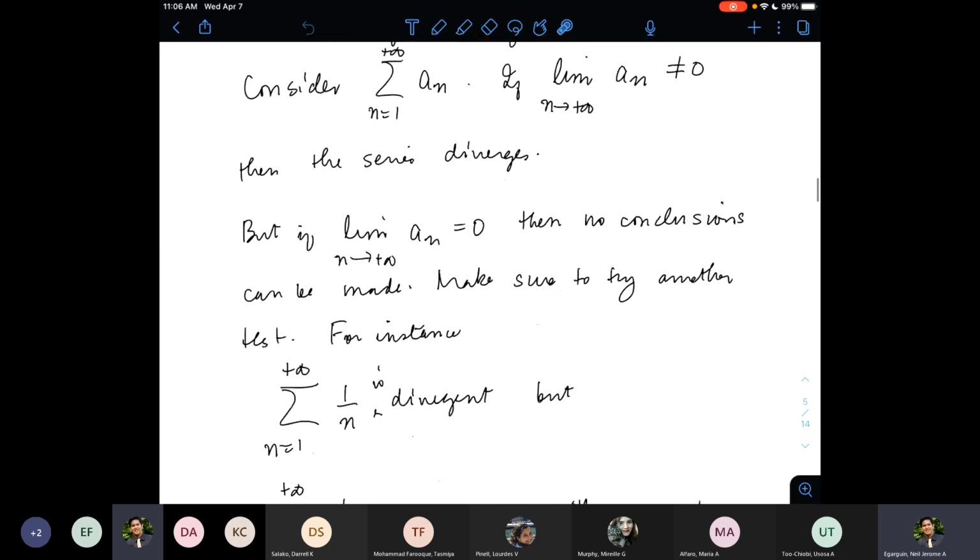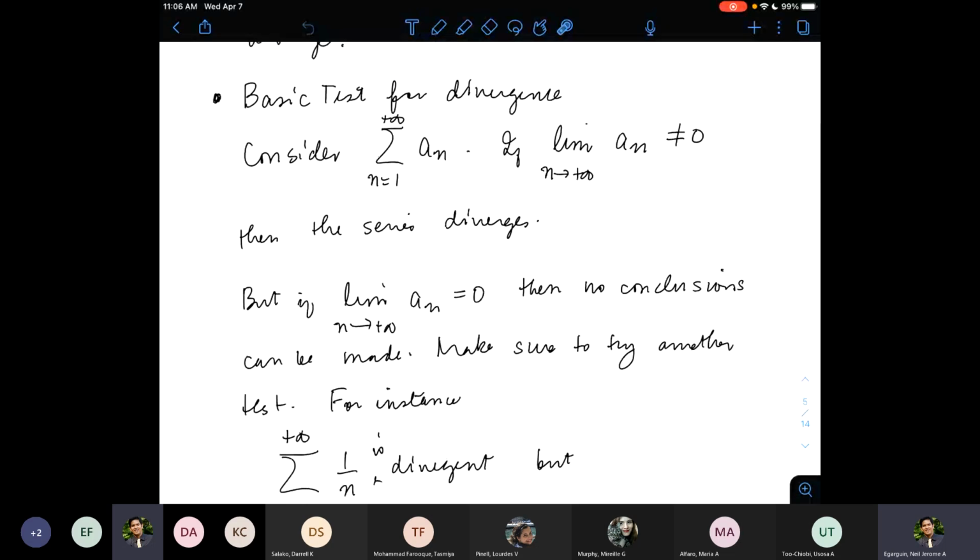Now this is the very basic test that I think is the first thing you should try. If the series does not fall under the special cases we have just enumerated, do the basic test for divergence, though it is limited in scope because it will only apply if the limit of the nth term is not equal to 0.